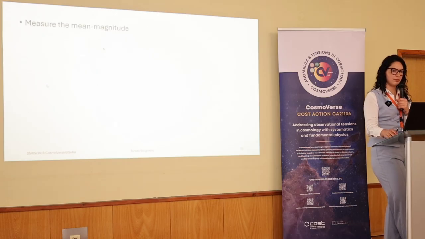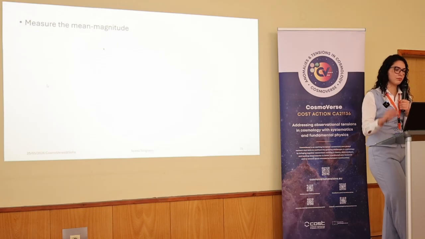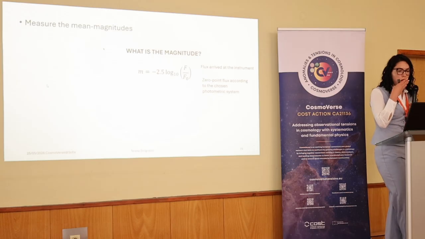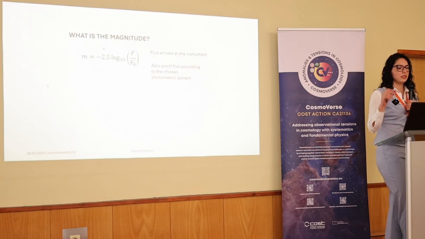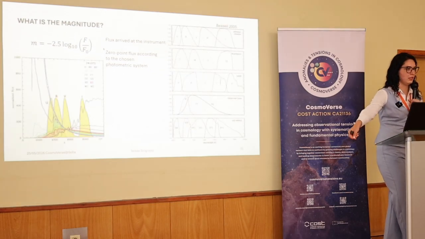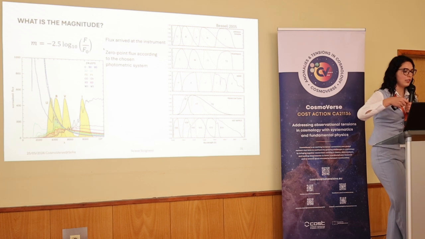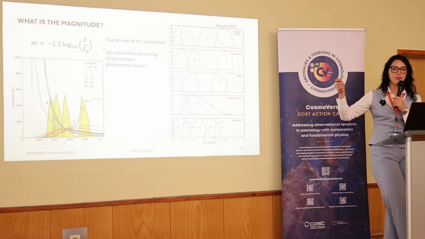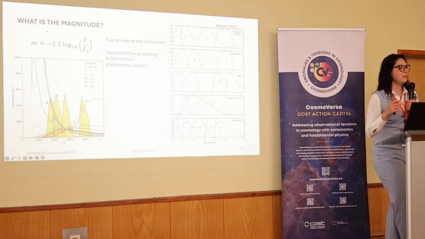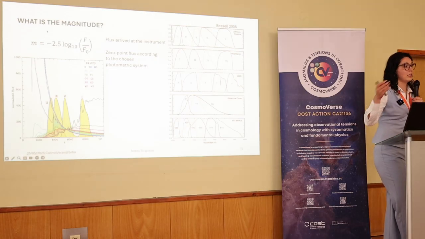First of all, what do we mean when we say magnitude? As we have seen also before, the magnitude is the flux that we register at the instrument, at the telescope. But telescopes can have different filters, and we also have to take into account the calibration with a standard star.